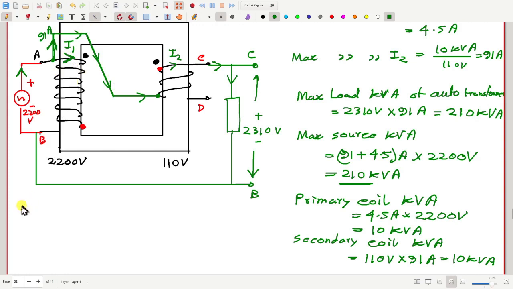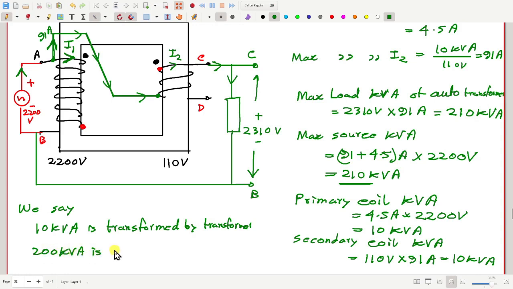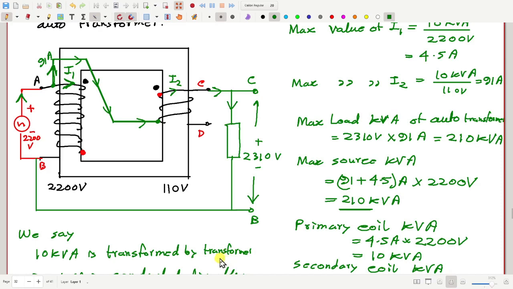That's why we say that 10 kVA is transformed by the transformer and the remaining 200 kVA is directly conducted. Any question here so far? Is it fine?